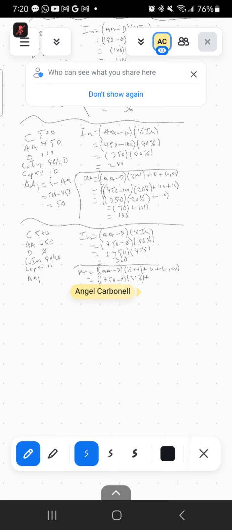And then we're going to add deductible, 0. But then we have $10 co-payment that we cannot forget, $10. So now we multiply 450 minus 0, so 450, by 20%. Plus 0 plus 10 is 10.